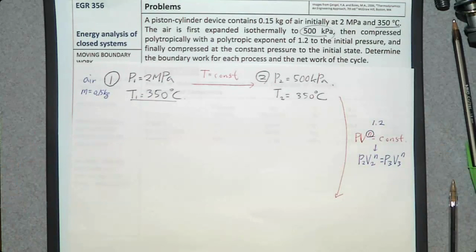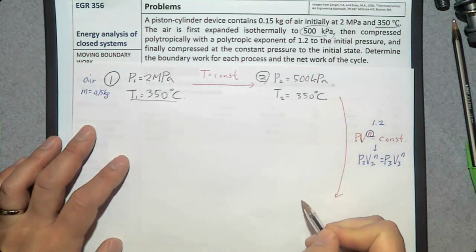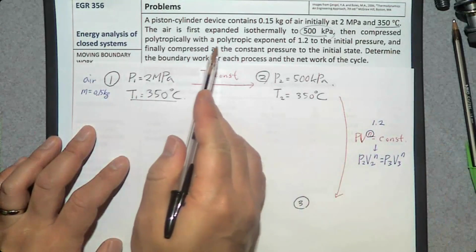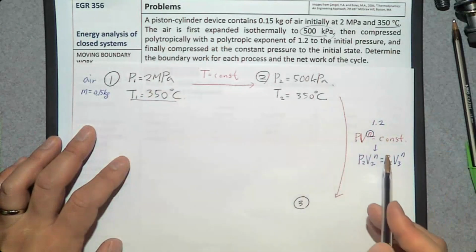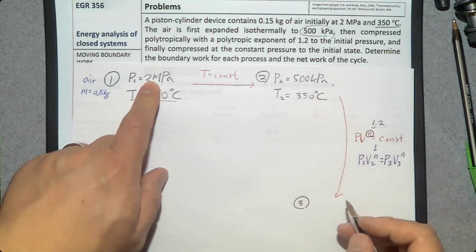And finally, compressed at constant pressure to the initial state. Oh, we have one more process. So there's a process number 3. Compressed polytropically with this polytropic exponent 1.2 to the initial pressure 2 megapascal.